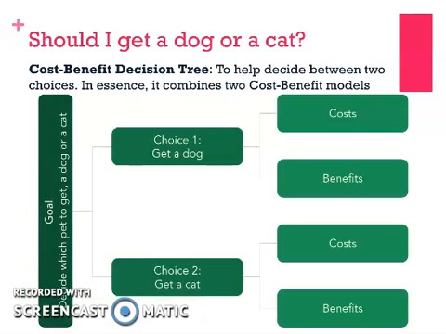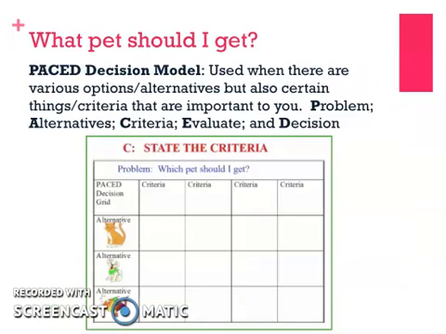Maybe the question is, should I get a dog or a cat? In that case, when there are two choices, you can use a cost-benefit decision tree. It combines basically two cost-benefit models with these two choices. Alternatively, if the question has more than two choices, like what pet should I get, you can use the PACE decision model. It's used when there are various options or alternatives, but also certain things or criteria that are important to you. Maybe it's the cost of food.